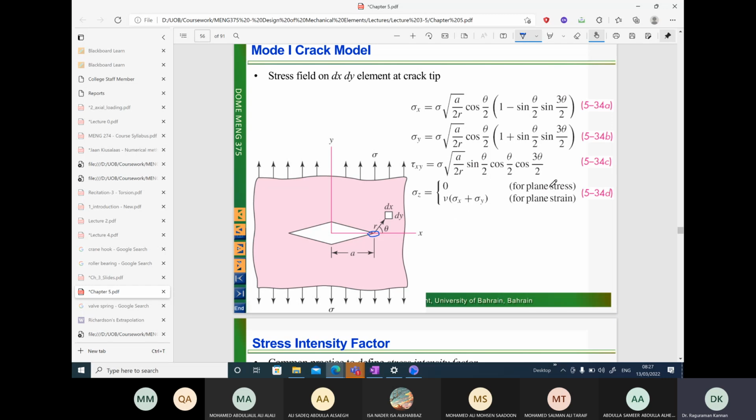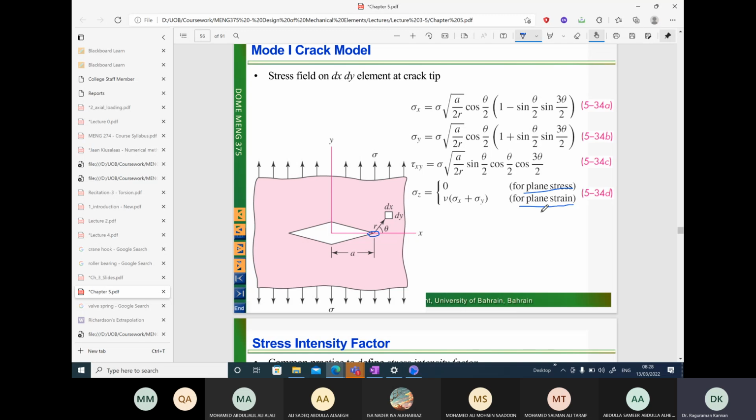In a 2D problem, there are two conditions, plane stress and plane strain. So what is the difference? Plane stress has only stress components in the xy direction. Therefore, sigma zz you can see as 0. Tau xz components, tau yz components, they are all 0.